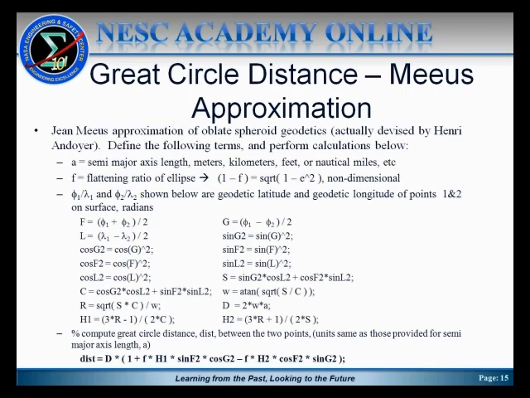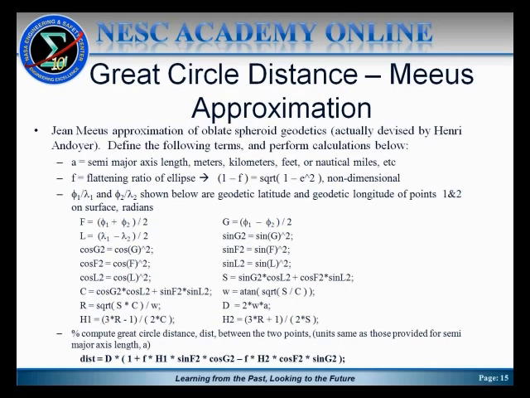Just define that as A in the following calculations. And then it also uses the flattening ratio, defined as F, which again, as we presented in part 1 of this presentation, you can compute the eccentricity from the flattening ratio as shown there.